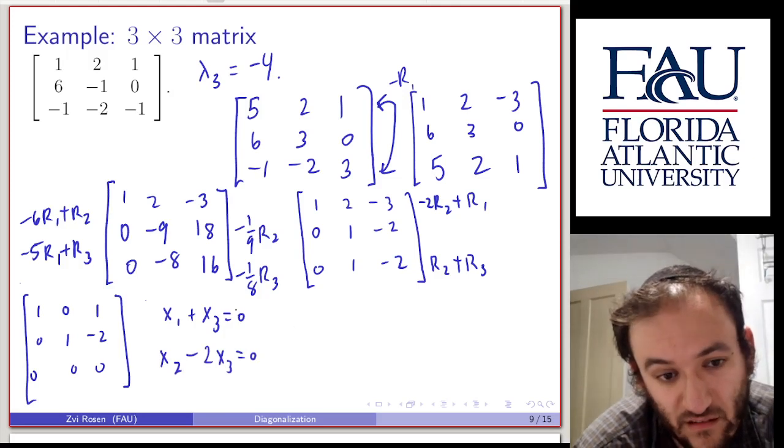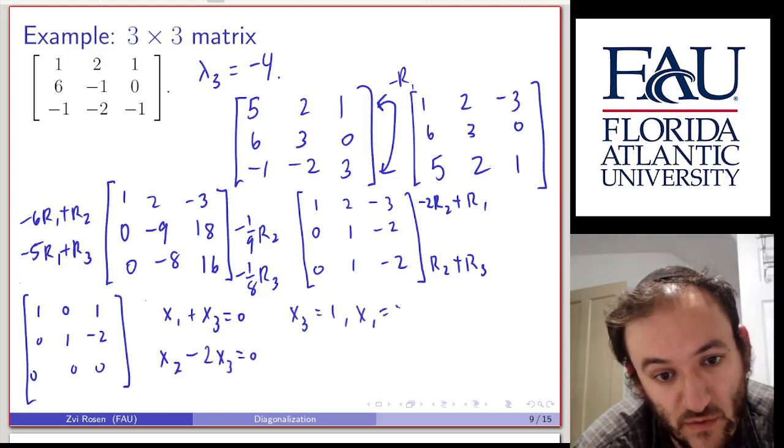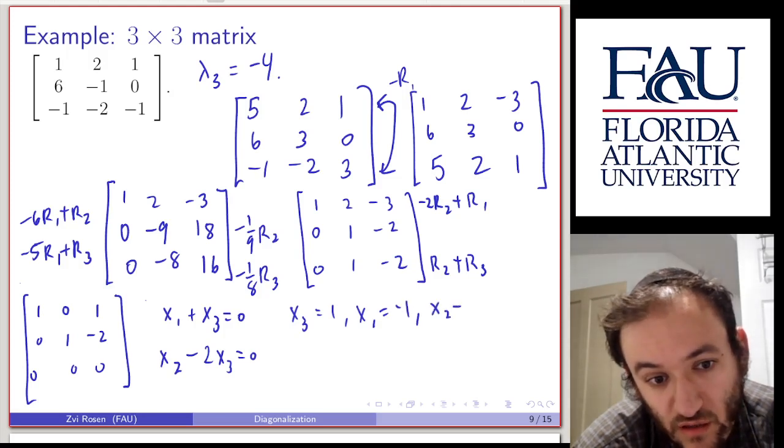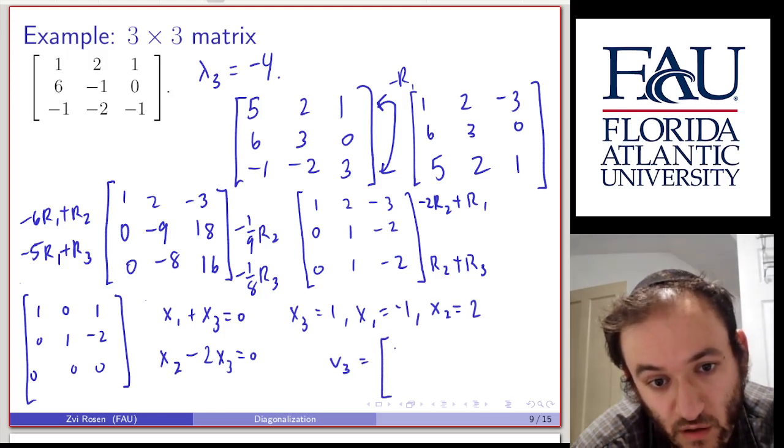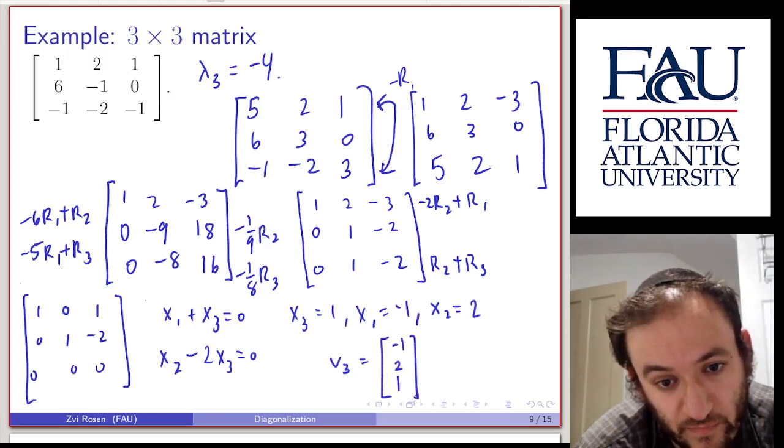And so we get that if x3 equals 1, then x1 equals minus 1, and x2 equals 2. And so our v3 is equal to minus 1, 2, 1.